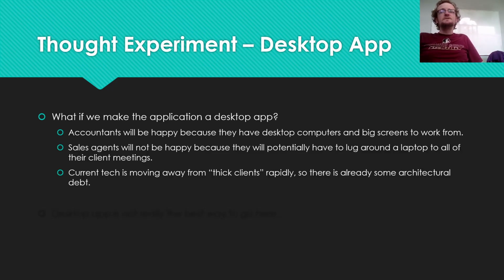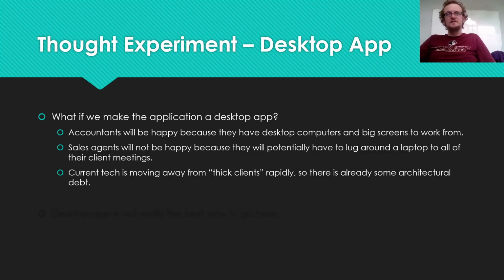We also talked last time about how current technology and current architectural trends are moving away from thick client applications. So not only are you going to have this issue where the sales agents, the users, are going to be angry about the system, you're also going to start a project kind of behind the eight ball.